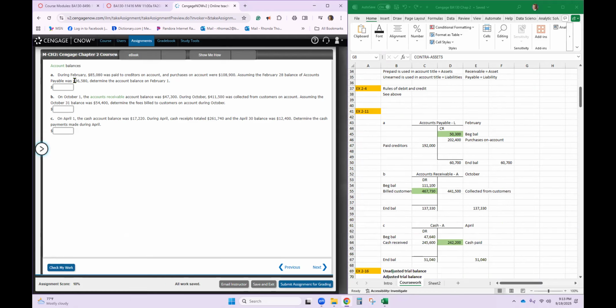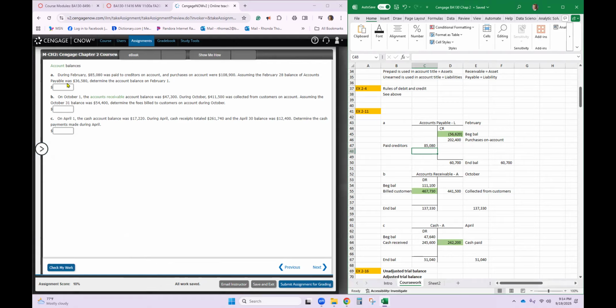Okay, so the first one is during February, $85,080 was paid to creditors on account. Okay, so we're going to put that amount in, right? How do I know it's a debit? Because if we pay down an accounts payable, then it gets a debit.